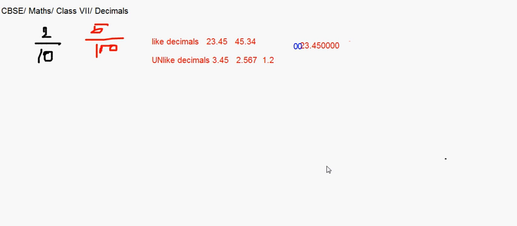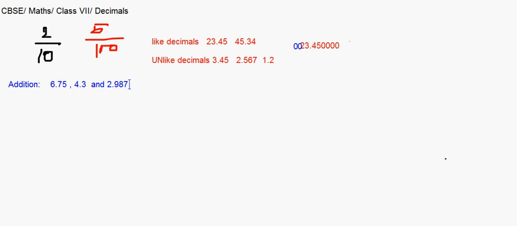Why I'm saying this is because in addition, first I have to write down the decimals in vertical form, keeping the decimal point on one vertical line. Suppose we are given to add 6.75, 4.3 and 2.987, which are unlike decimals.